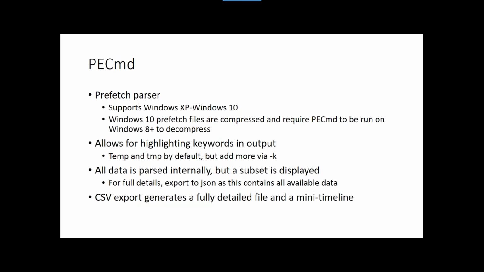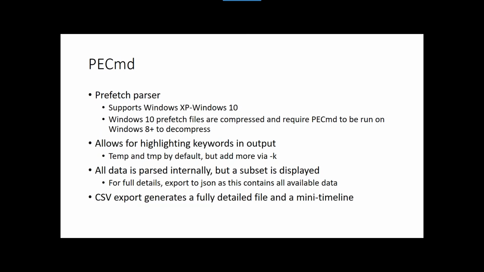The one other thing that this does that's pretty cool is, by default, and you could extend this, it allows for highlighting of keywords. In the next screen, we'll see an example of some of the output, but most of the time, one of the things we want to key in on is what's running from places outside of normal, or what's running from a temp directory, maybe, or the recycle bin, or whatever your investigative interest is. You can set up certain rules around that, maybe certain indicators.